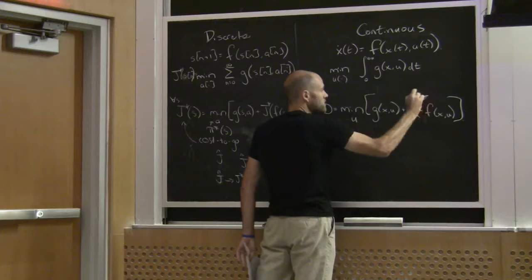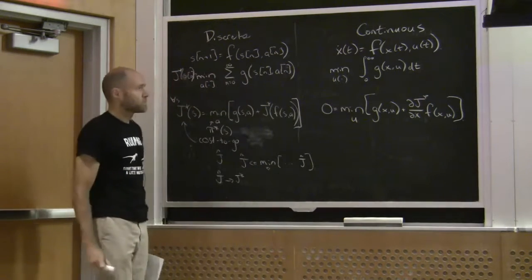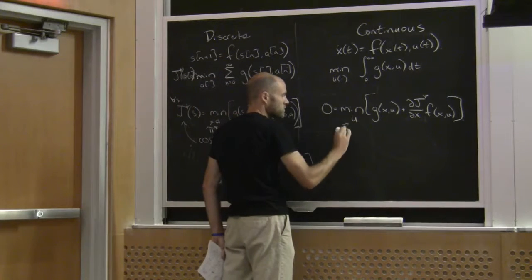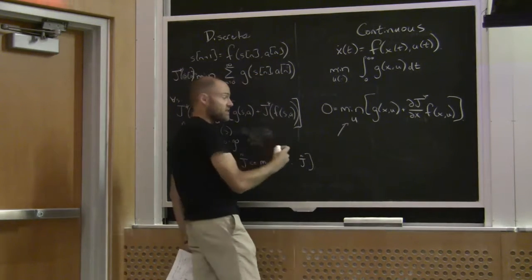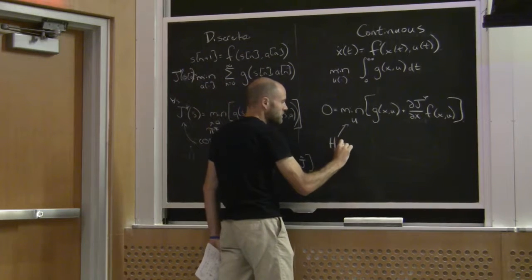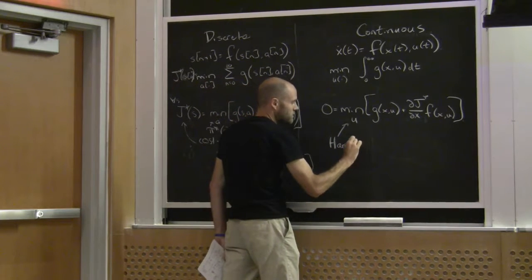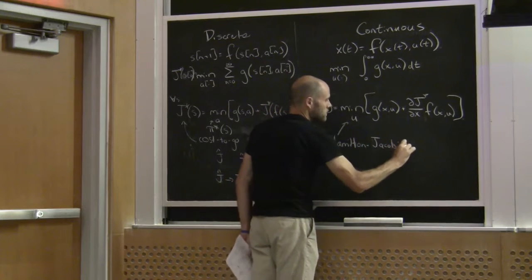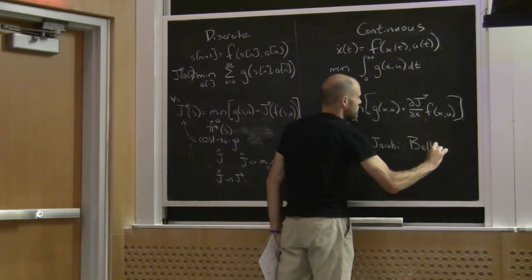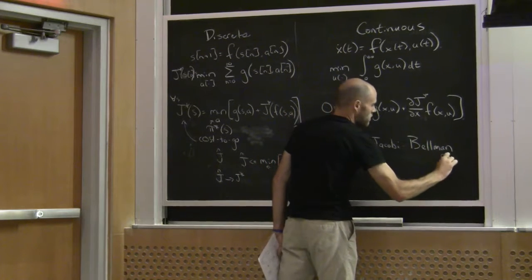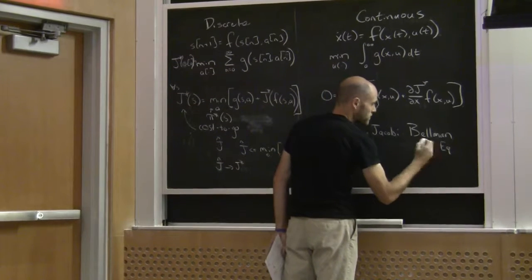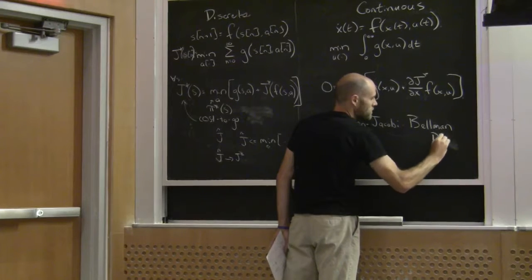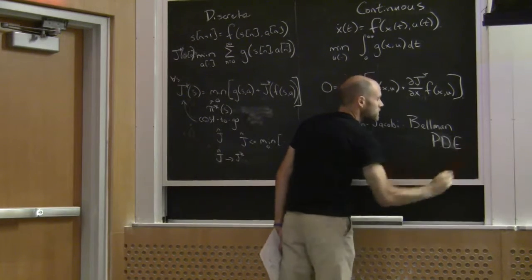I'll put the star in to make sure you know it's optimal. And this is now more famously known as the Hamilton-Jacobi-Bellman equation. Here it's a partial differential equation.